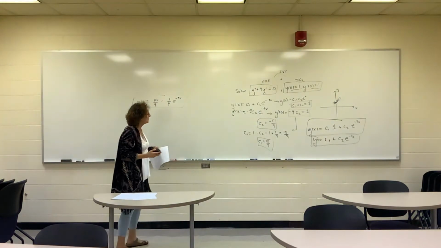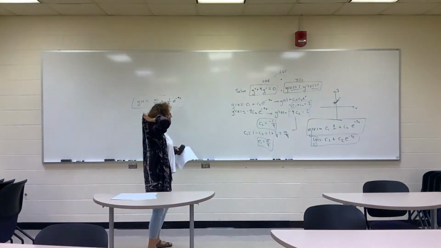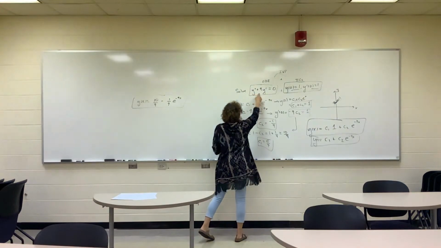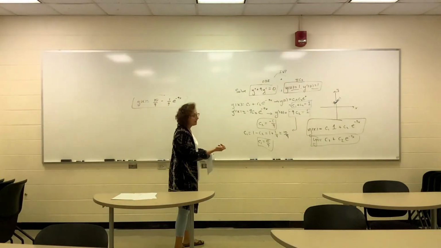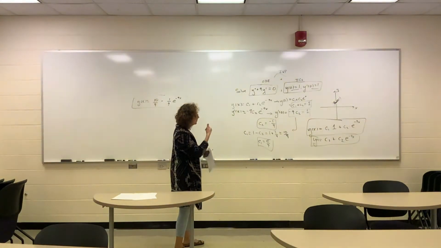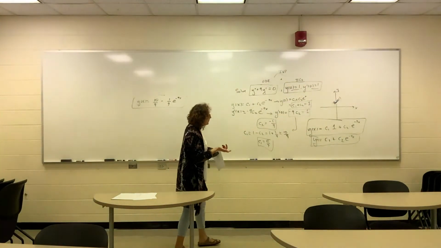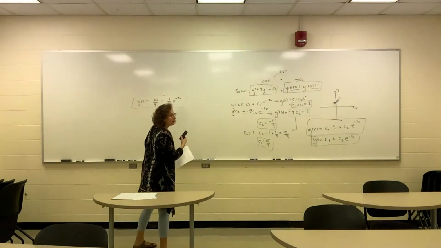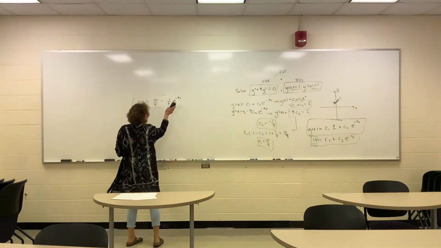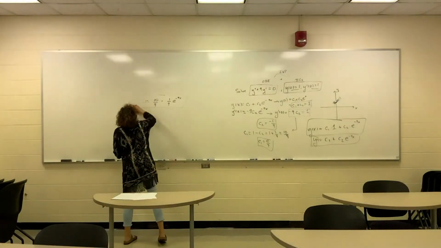Oh, the other thing I wanted to mention, right? When we had talked about 0 being a solution, if we had used that as our y1, then we would not have been able to find unique constants C1 and C2 to satisfy those initial conditions. So we would not have gotten a solution of our initial value problem.